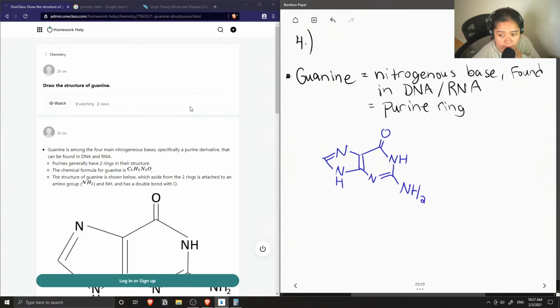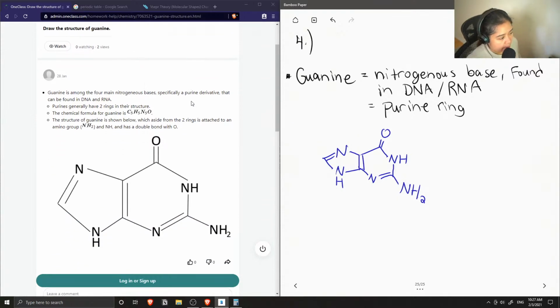And if we look at the junior tutor's answers, they said that guanine is among the 4 main nitrogenous bases, specifically a purine derivative that can be found in DNA and RNA. Purines generally have 2 rings in their structure, and the chemical formula for guanine is C5H5N5O.